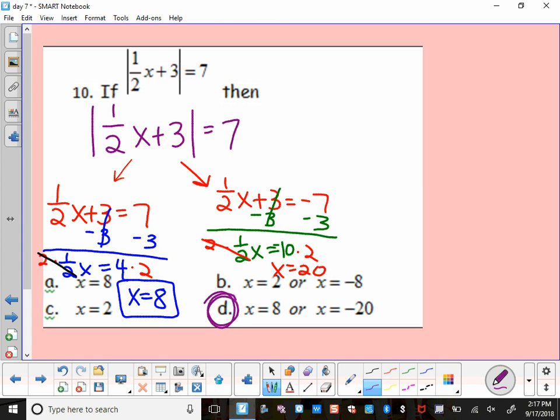Yes, we get 7. And half of negative 20 is negative 10. Why am I messing up so much today? Plus 3, we get negative 7, but the absolute value is 7. So D is your right answer.